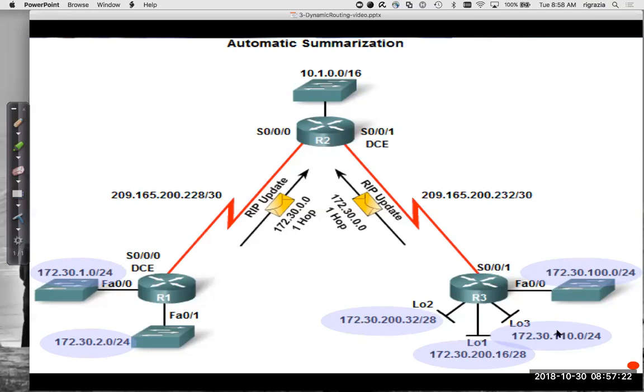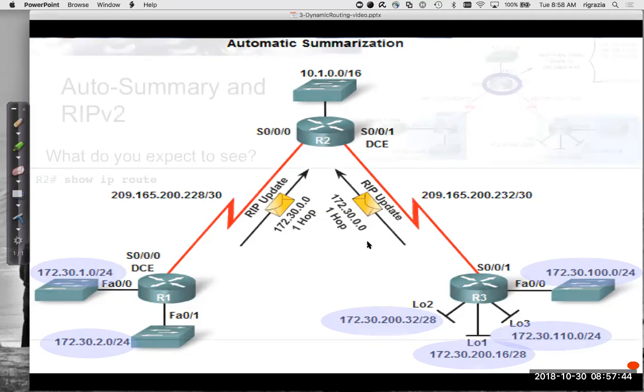It has four interfaces that all belong to different 172.30 subnets, and it's going to cross a different classful network boundary, another 209 network. So it's going to summarize these as 172.30.0.0, and RIP version 2 sends a subnet mask of /16.